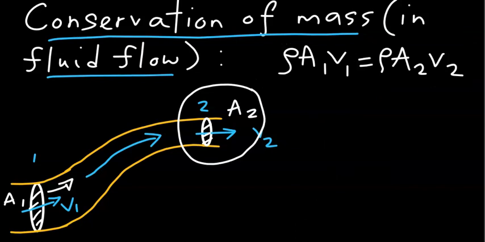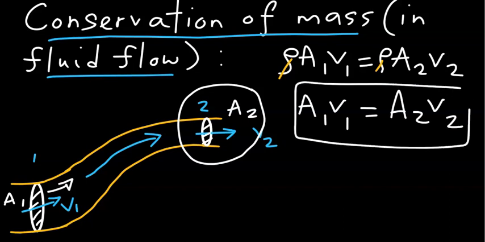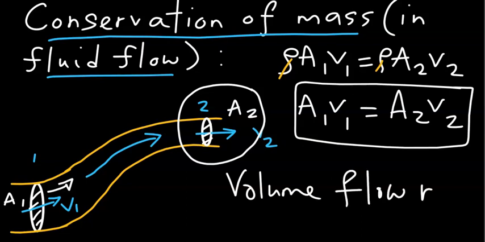Now note that both of these terms have density in them, so they cancel out, and you're going to get A1 v1 equals A2 v2. This is the equation of continuity for the fluid flow. What this equation is saying, the volume flow rate is constant throughout the flow.